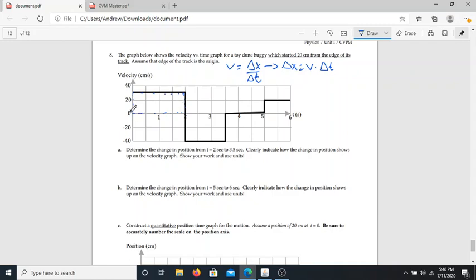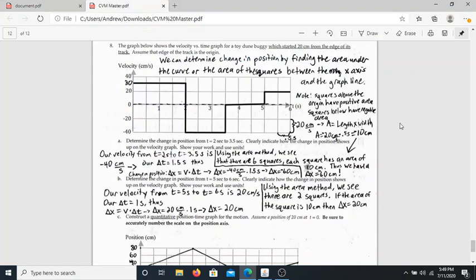And instead of doing the base of this, that base actually represents the change in time. All right. So what all this means, and I'm going to flip to the master sheet, is that we can actually find the change in position from a velocity time graph by finding the area. All right. And that is going to be the third thing we can do in the graph.